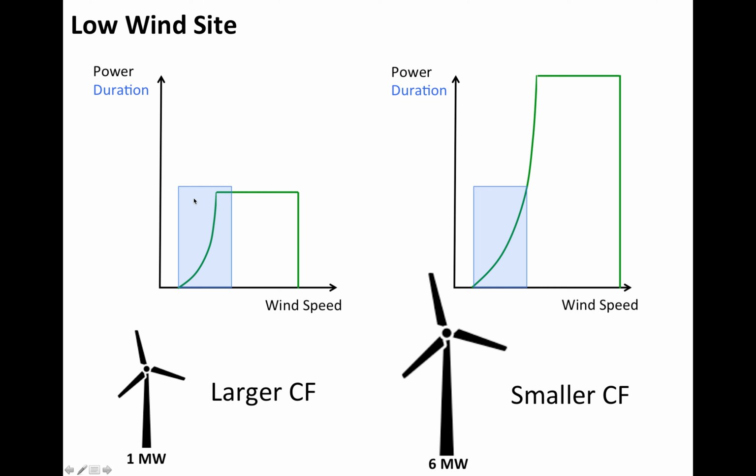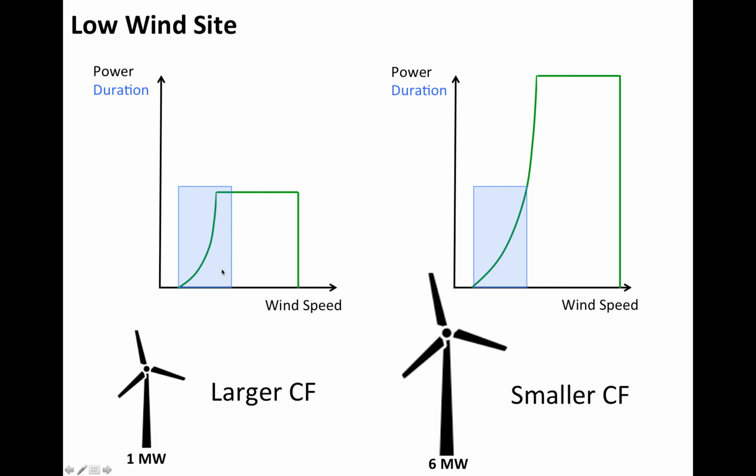It's blowing for 4 months per year with a speed that ranges from about 5 meters per second to 10 meters per second, right? So we are comparing one small wind turbine with 1 megawatt capacity and a large wind turbine with 6 megawatt rated power, right?